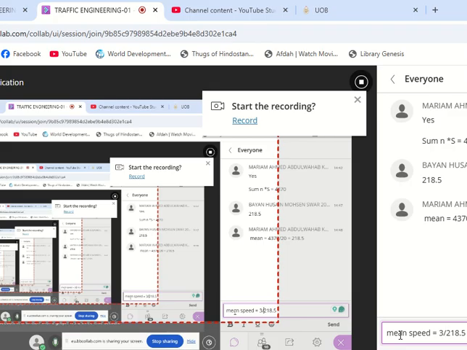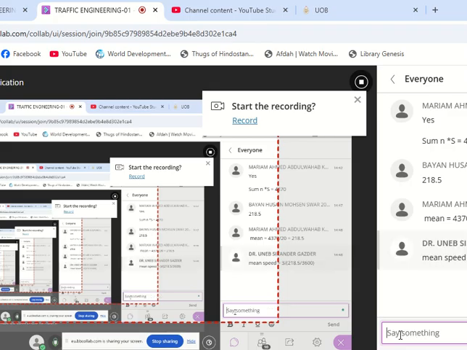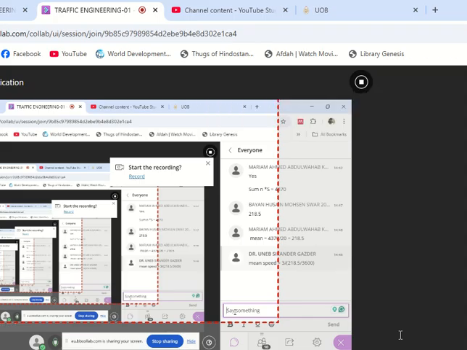So this, and the time must be converted to hours. This will give you the average speed in miles per hour. How much is that? How much is the mean speed?